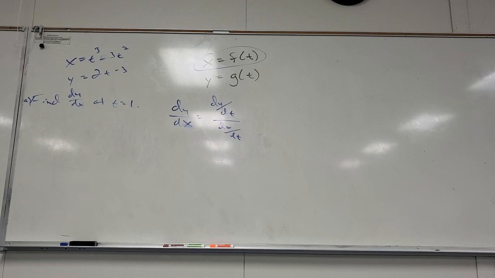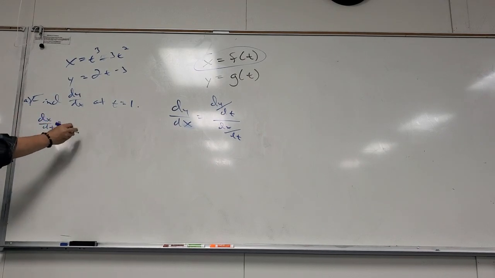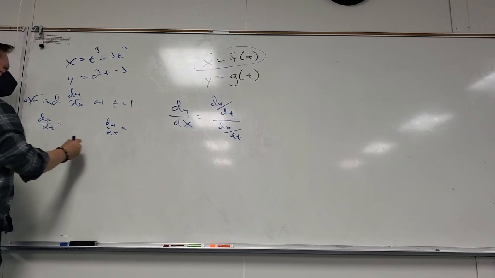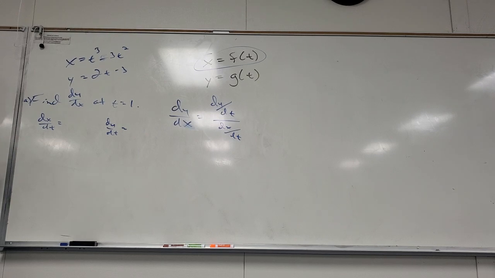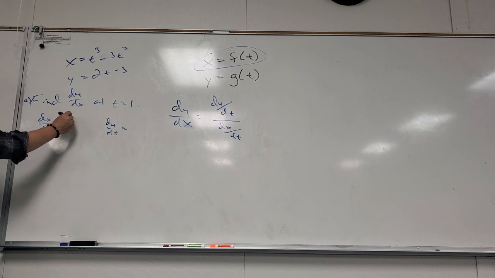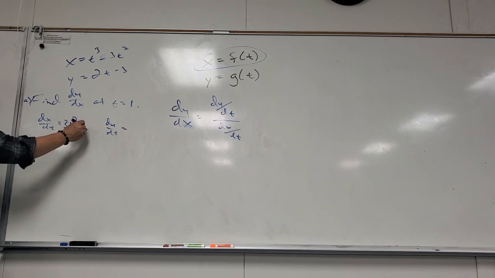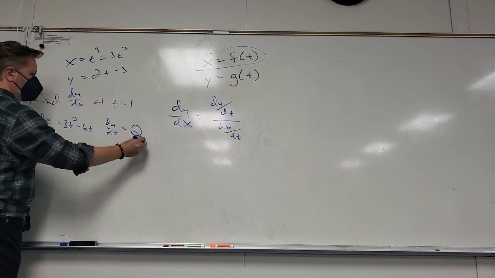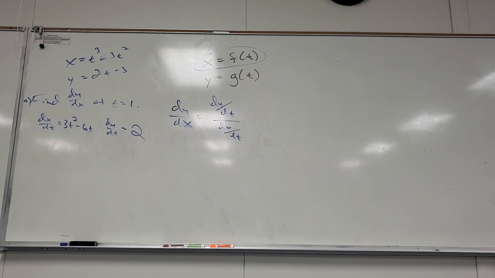So it's literally just what's dx dt, what's dy dt, and then take the ratio dy to dx. So what is dx dt? 3t squared minus 6t. What's dy dt? 2. Don't blame me for being a little suspicious.